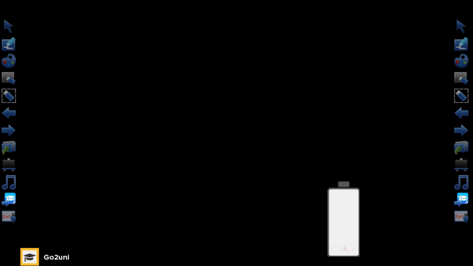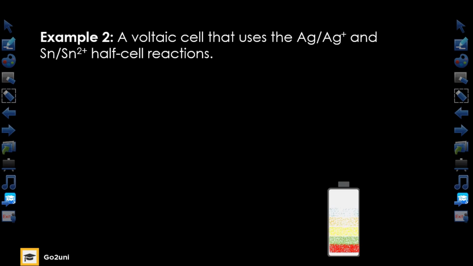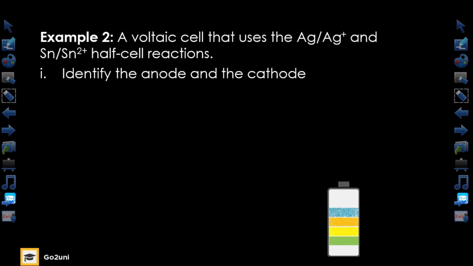So that is that. Now let's look at example 2. A voltaic cell that uses silver and tin is being constructed, and we are told to identify the anode and cathode.